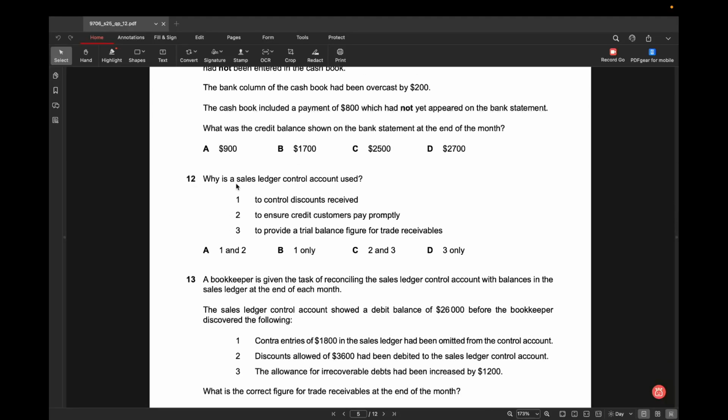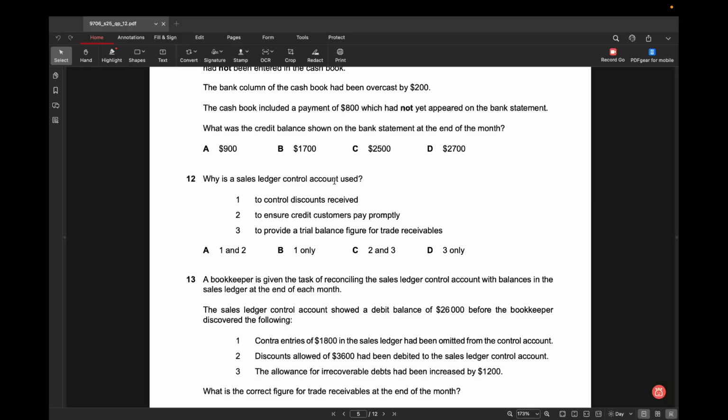12. Why is a sales ledger control account used? Number 1, to control discount received, 2, to ensure credit customers pay promptly, and 3, to provide a trial balance figure for the trade receivables. So a sales ledger control account is prepared at the end of the financial year, and its main use is to identify or detect arithmetical errors.